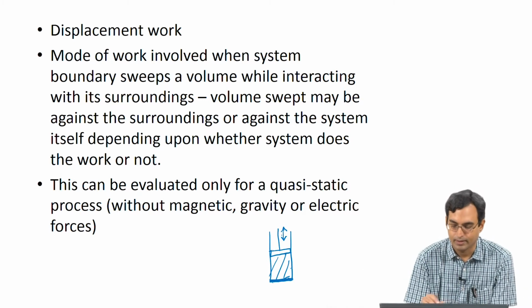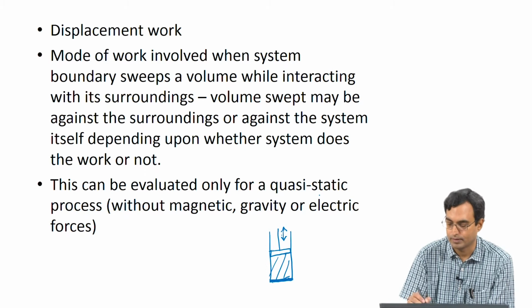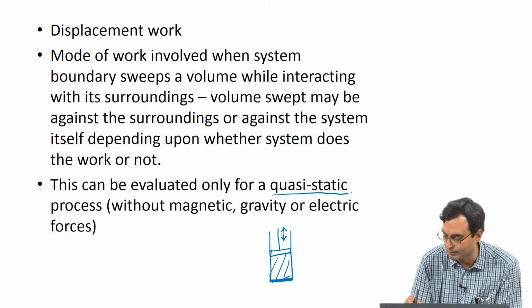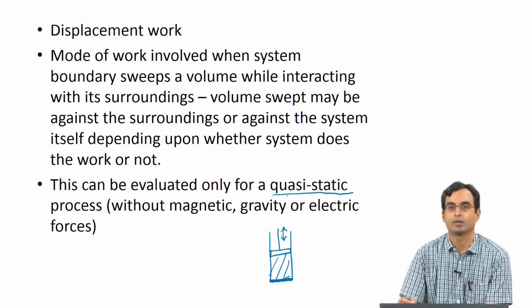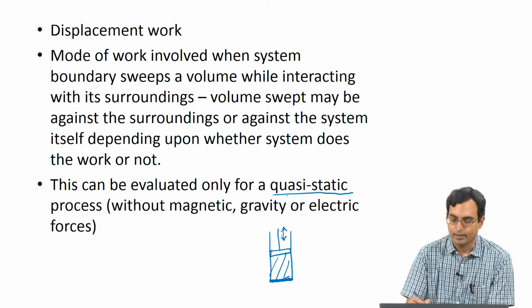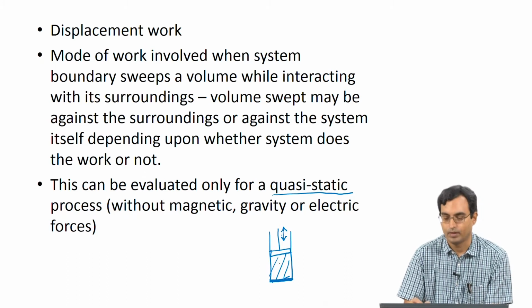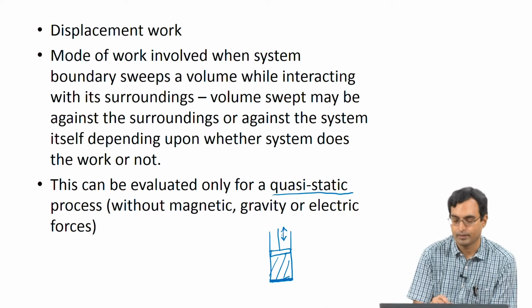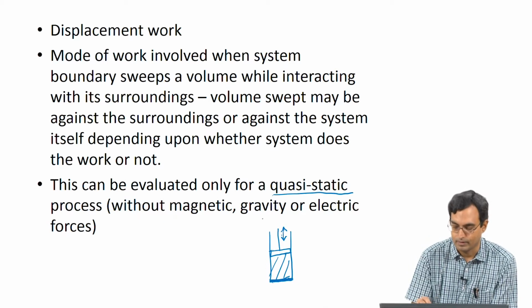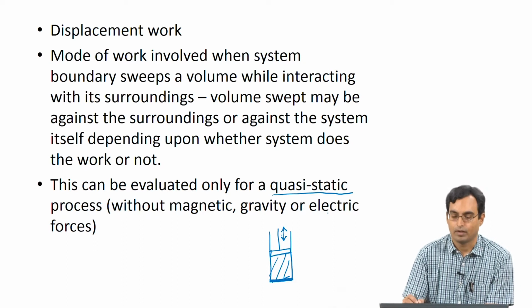And we say that this can be evaluated only for a quasi-static process. We will look at in a minute what this term is. It is a fairly important term. We will keep using this all over the place. So, we will define it, and we are generally considering this kind of displacement work to be for a system containing a gas or a liquid or something like that, where we are assuming that magnetic and usually gravity and electric forces are not important.